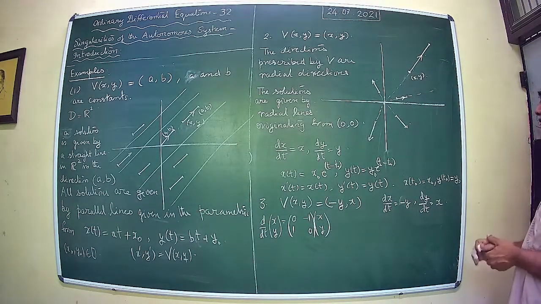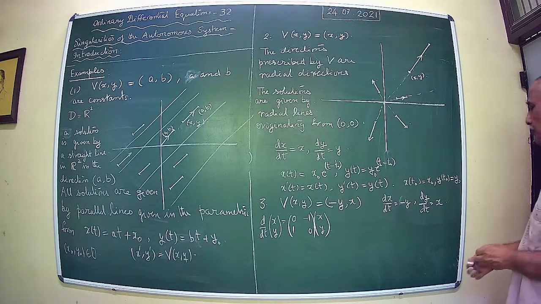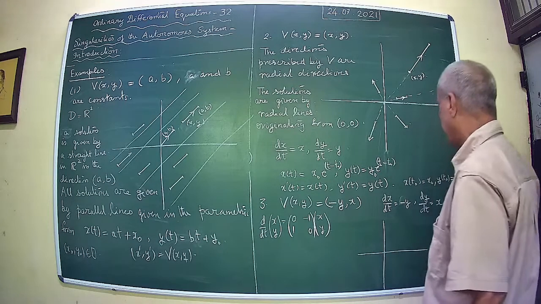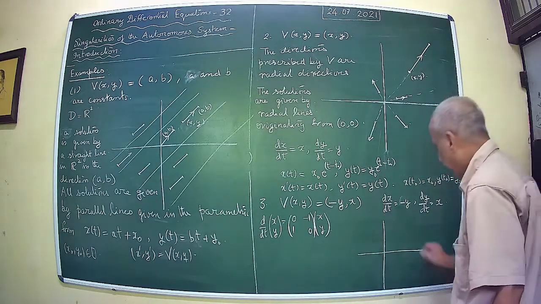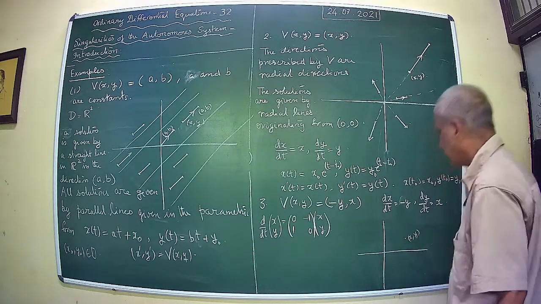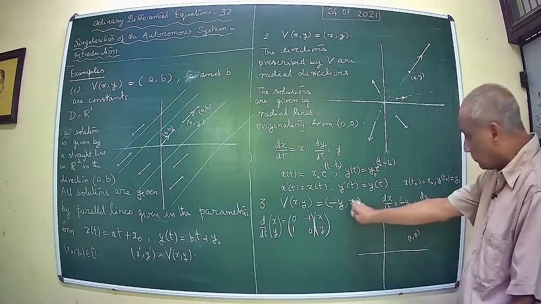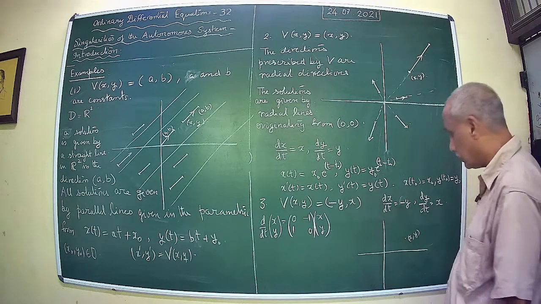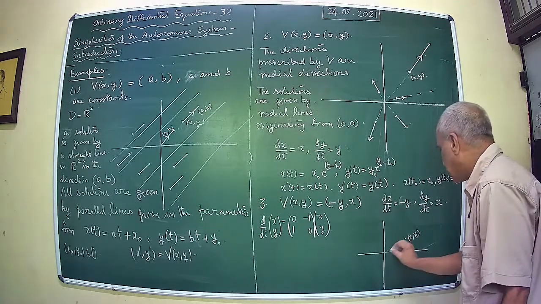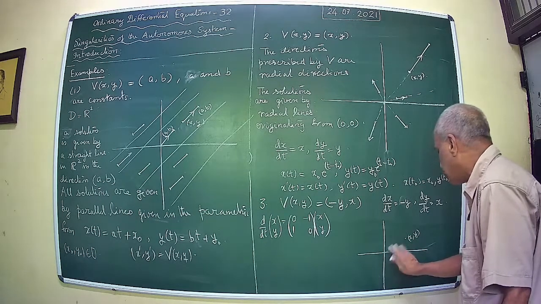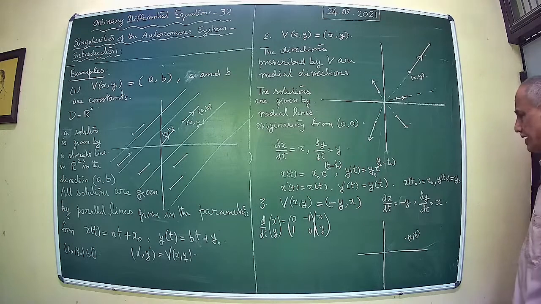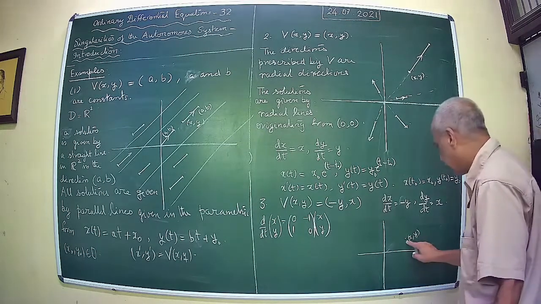The geometry of this problem is the following. Let us take the xy plane. Take any point (x, y). It's a smooth vector valued function. Now at (x, y) we are placing a vector whose components are (minus y, x). What is (minus y, x)?